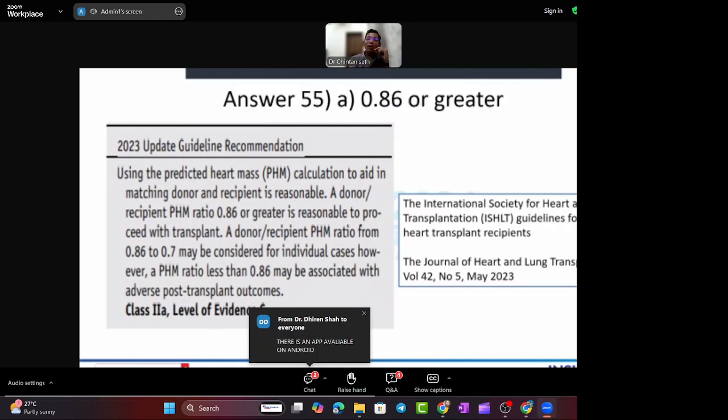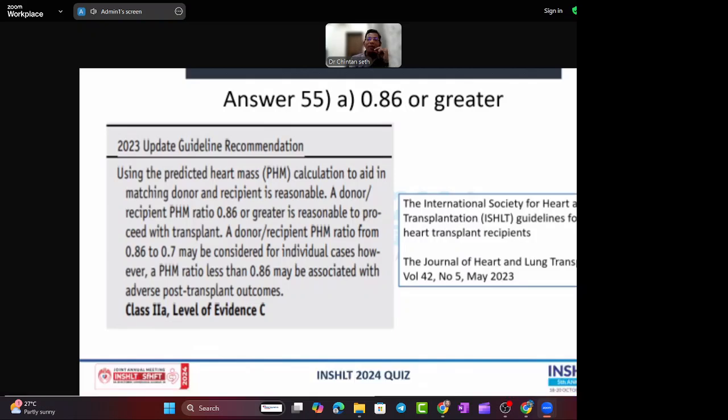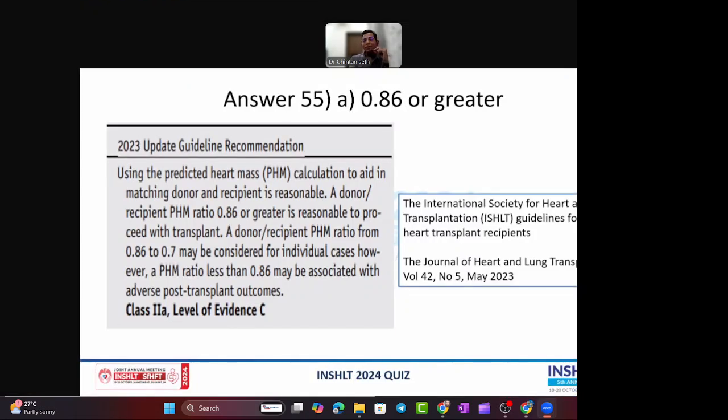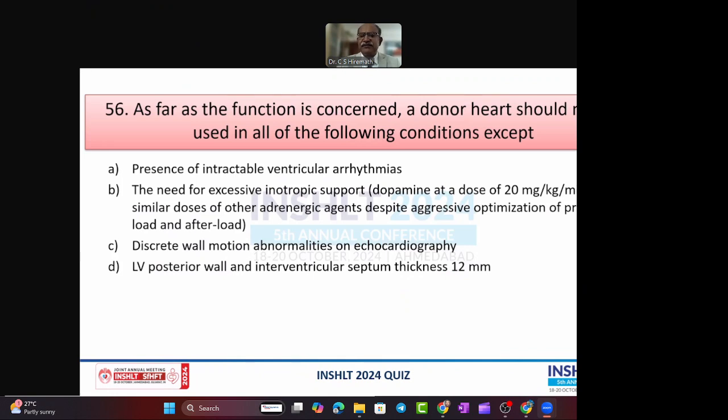It is also color coded. If it is lesser, it will give a red color score. If it is good, it will give a green color score. How many percent it's up or down, that it will also give. So it is a very good calculator, easily available online. Dr. Dhiren has put up an app available on Android phones, I think, to calculate that. Yes, the app is also available for that.